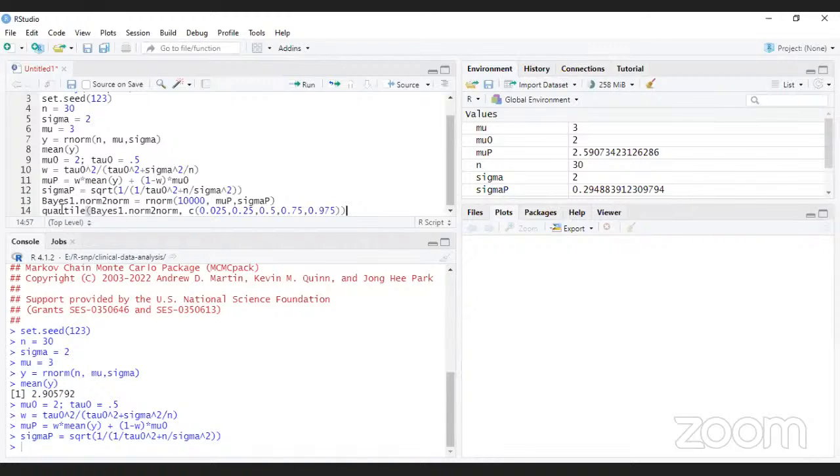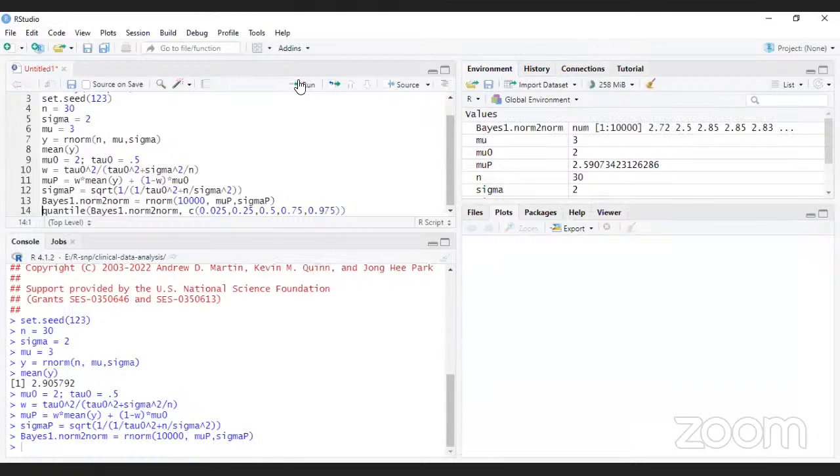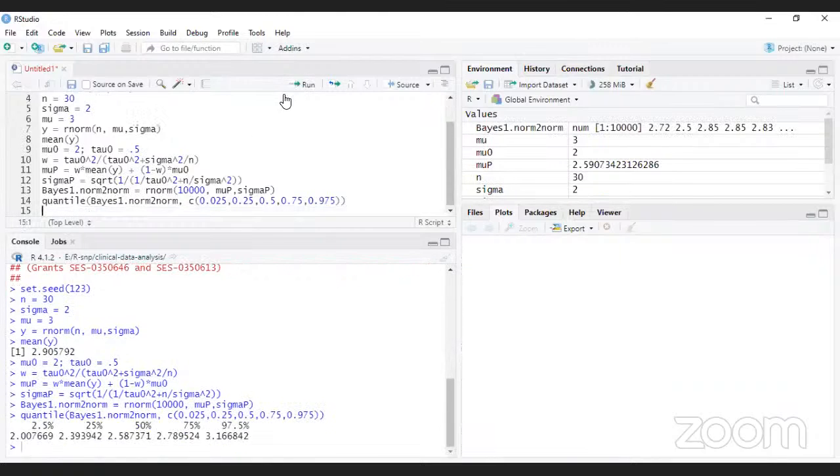Okay, done. Did you all get this Bayes normal? Did you all come to this Bayes normal and get the quantiles? Did you all do this quantile function? Okay, so we're setting the Bayes theorem here and you are taking the quantiles.